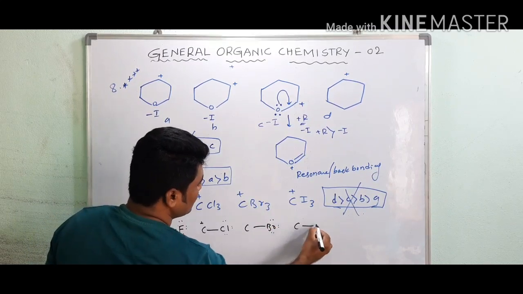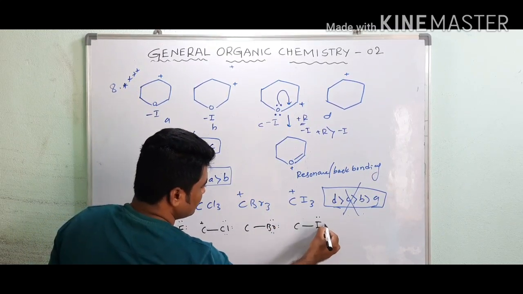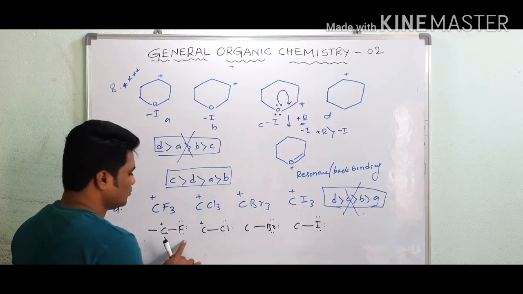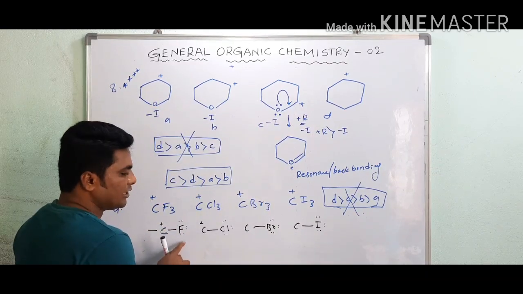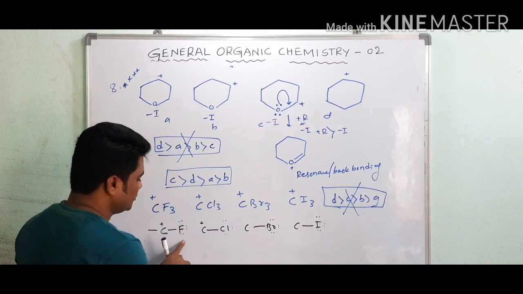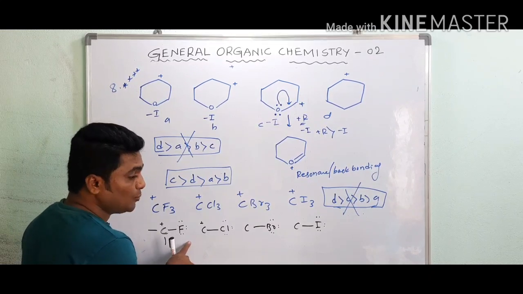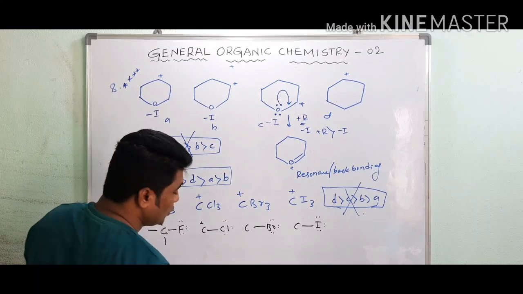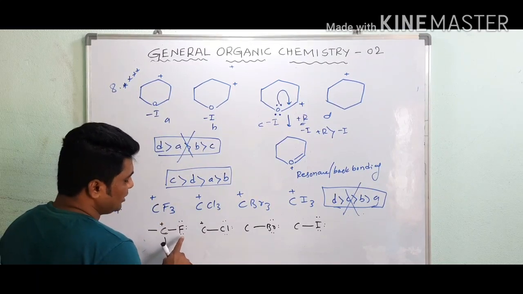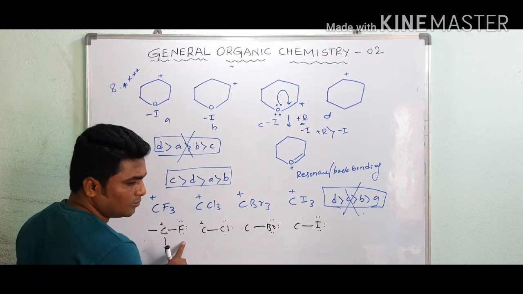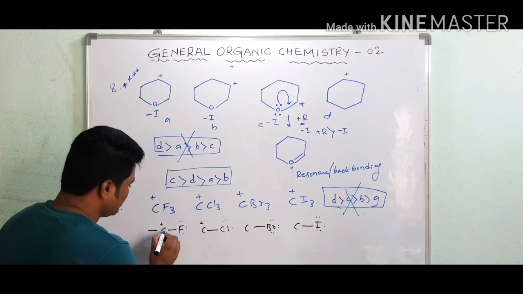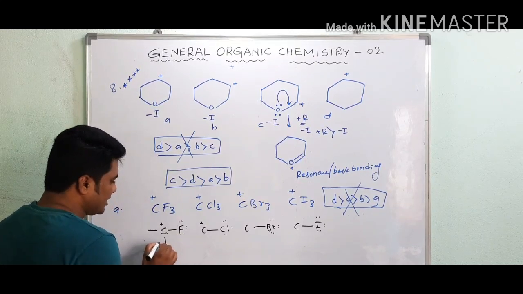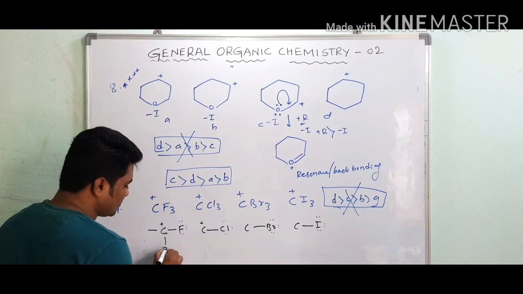Here also a lone pair is there. See here, fluorine is more electronegative, and what is the atomic number of fluorine? 9. So the configuration is 1s2, 2s2, 2p5. So where are the lone pairs present? In the 2p orbital. So this positive charge on the carbon atom is also present in the 2p orbital.